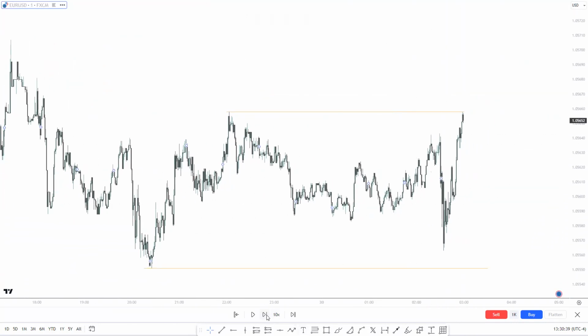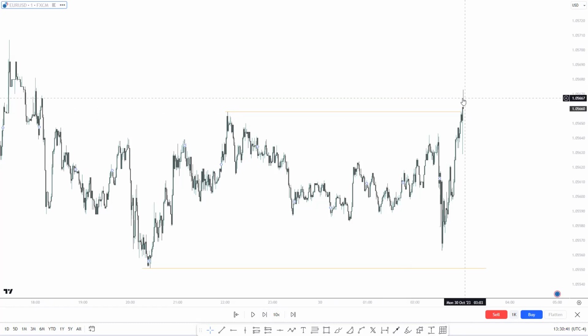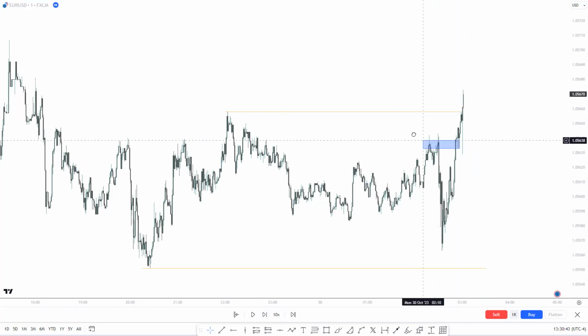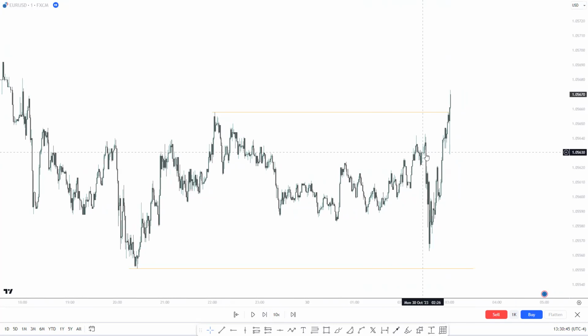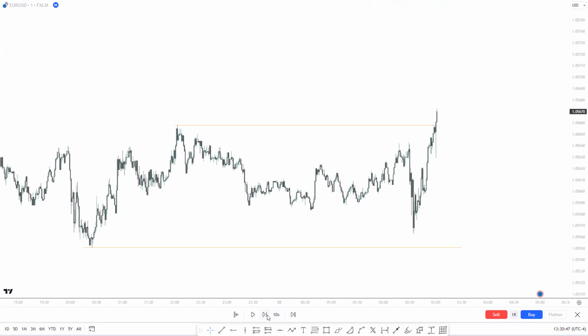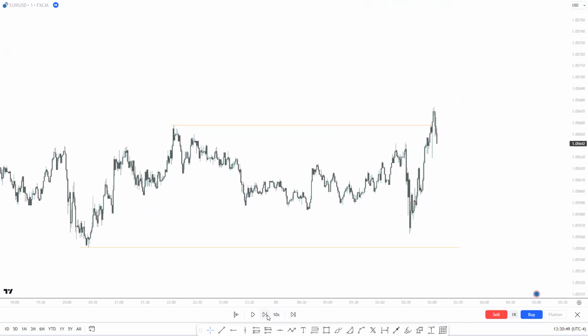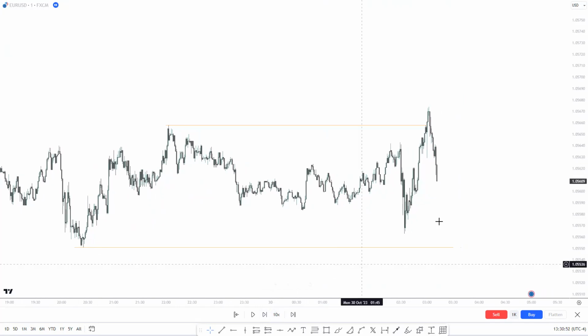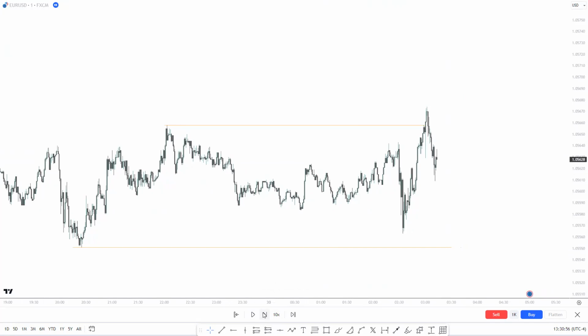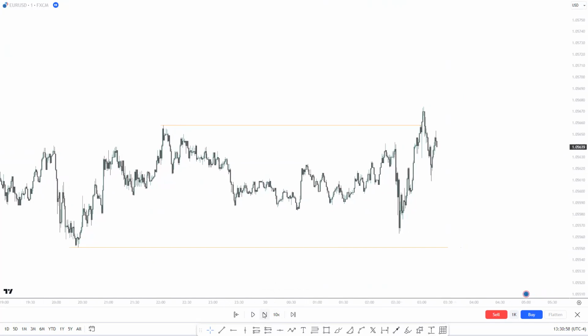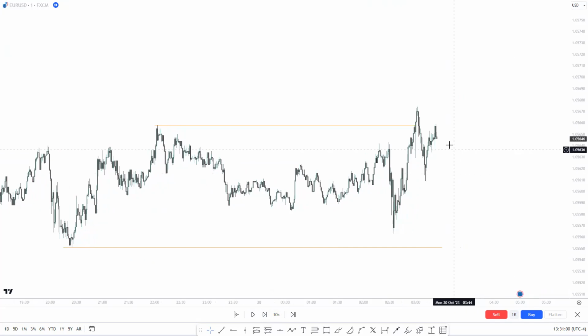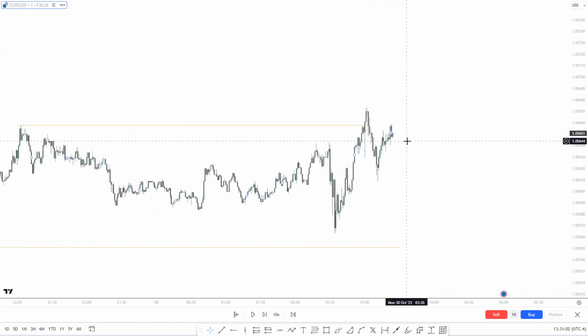Then price takes out the high, makes a market structure shift, but still there is no intermediate term high formed. This is why I say I don't like to enter on the market structure shifts. Now there's a market structure shift with displacement. Now it's going to take out a high. So now there's this short-term high, which is taken out.